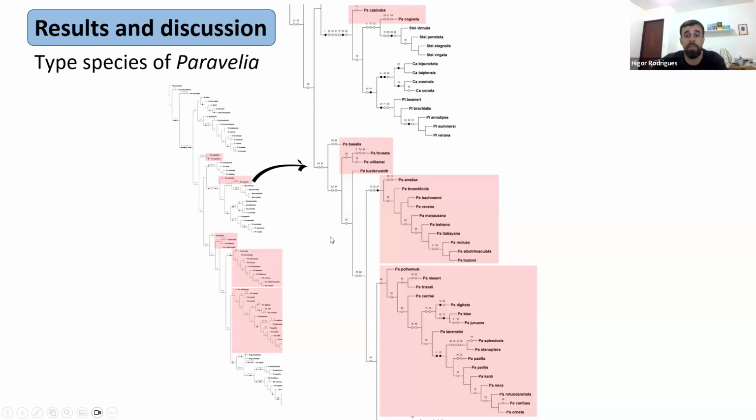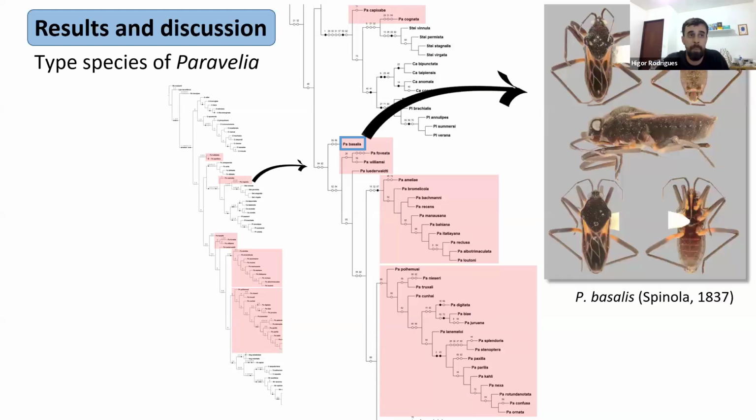And the type species of Paravelia, basalis, that defines the genus, is not related to the previously mentioned clades, and this species will be removed in future studies of the genus Paravelia. So here is a plate of the type species of Paravelia, very different from the other species of the genus.